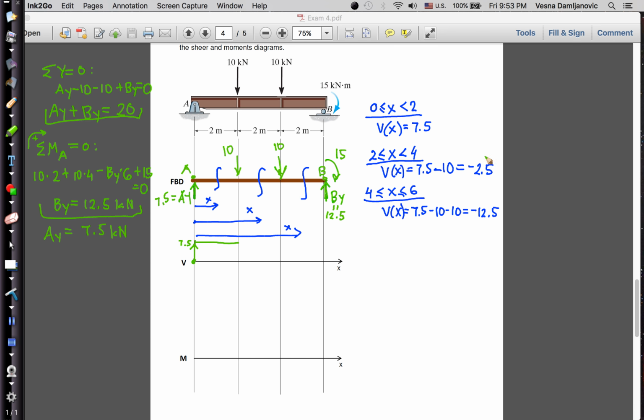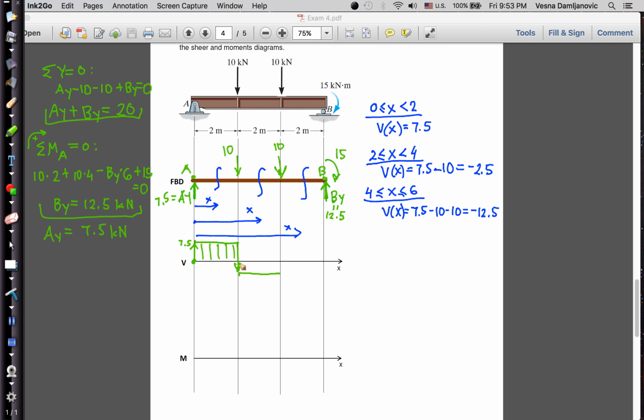And then I have minus 10 down, and we've got to make sure. So when we look at this, this is minus 2.5 from 2 till 4. It goes here. Maybe I drew it a little bit bigger, but this amount here should be 10. 2.5 and 7.5, it is 10, okay?